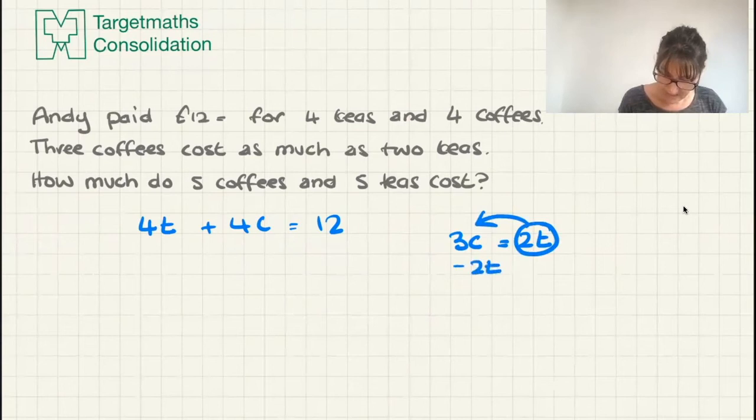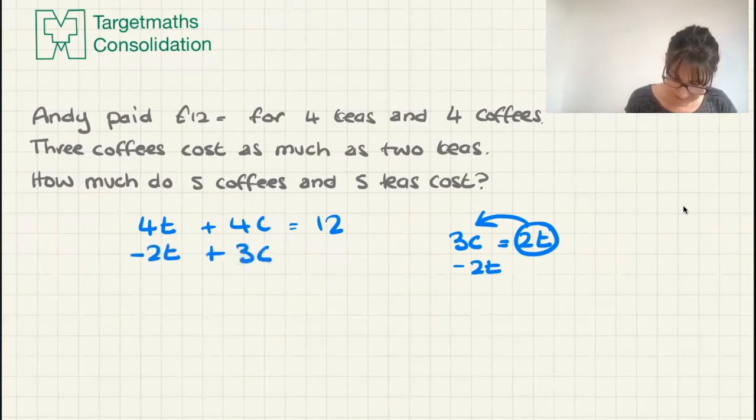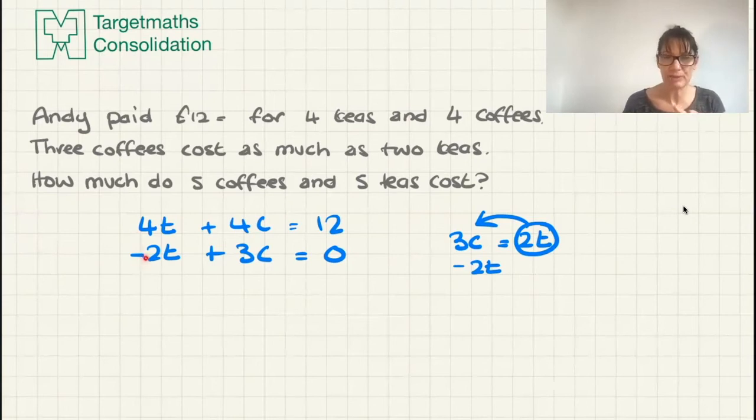And if I put these now in this position, minus 2t plus 3c, it's going to equal 0 because obviously I've got nothing left on that side. That to me is not really what I want. I don't want a negative at the front here. I will avoid that at all costs because it's just going to interfere with my method in the way that I've learned to use it.